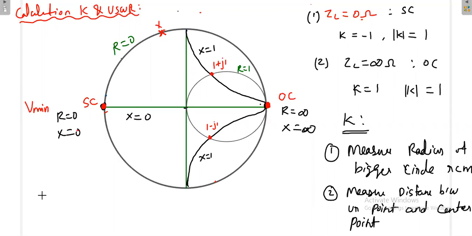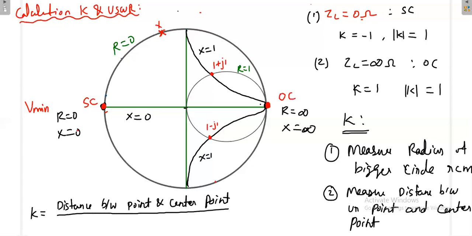The point can be anywhere on the Smith chart, so in the numerator is the distance between the point and the center point, and in the denominator is the radius of the bigger circle.